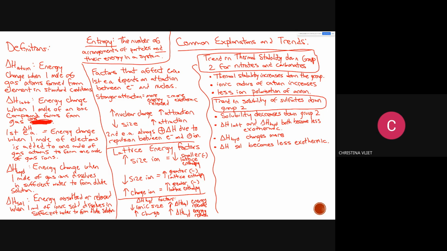Sulfide is a thing, and maybe that will be a way to remember that the hydration enthalpy changes more. Try to put acronyms and stuff to help you remember, because otherwise it's hard to remember which one changes more. It's a lot of thought processing, and you don't have a lot of time for that in 100 marks. So sulfide: the hydration changes more. That's what I would remember.